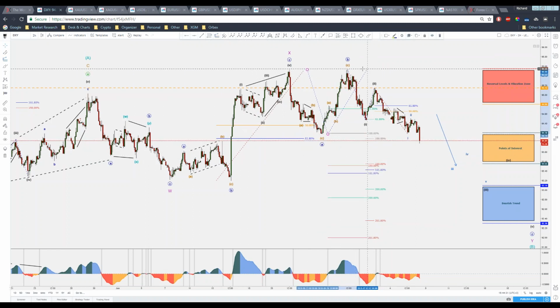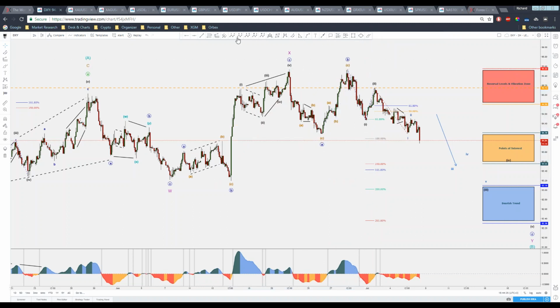So if we were to put this correctly with the Fibonacci extensions, I'm measuring A with B to determine the possible end of C, and we can notice that 100% has been breached.